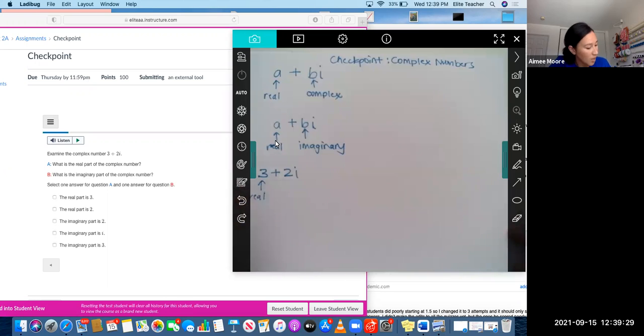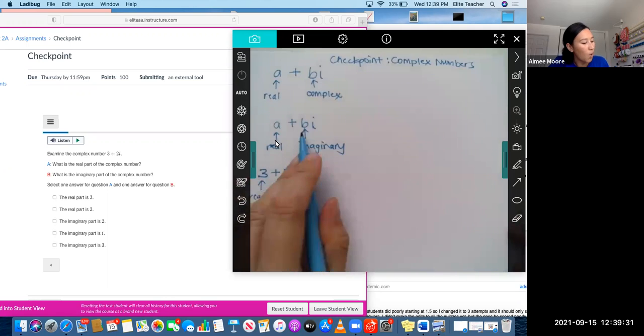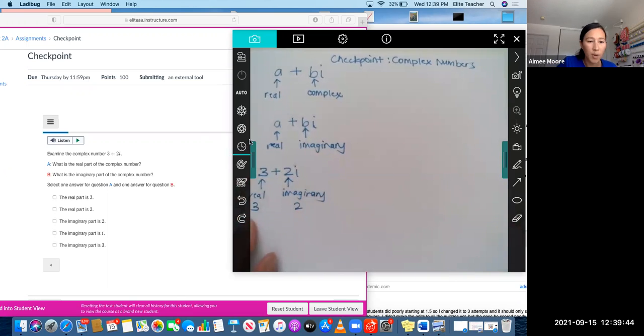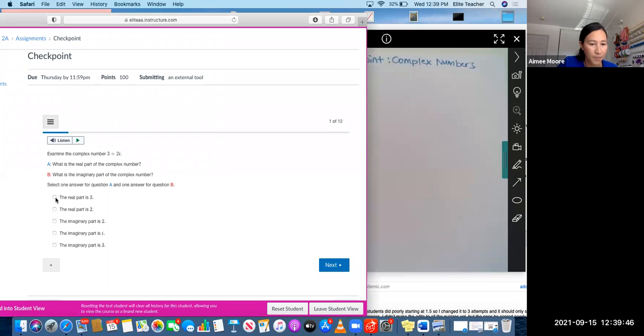So the imaginary part is only the number in front of i. So that's b, which in this case is the 2. So then the real part is 3, and the imaginary part is 2.